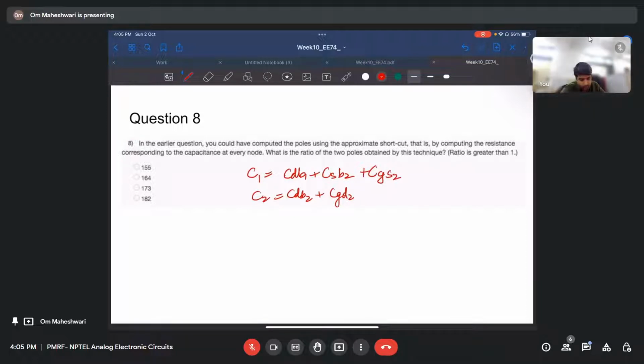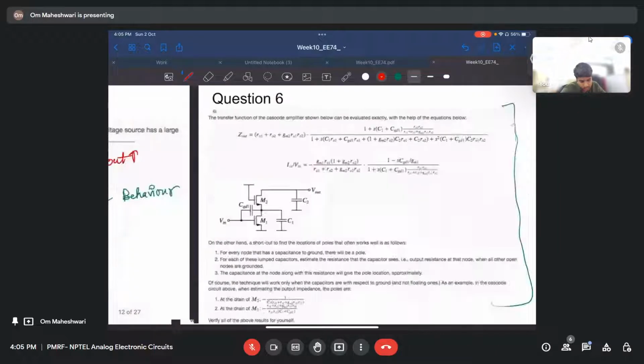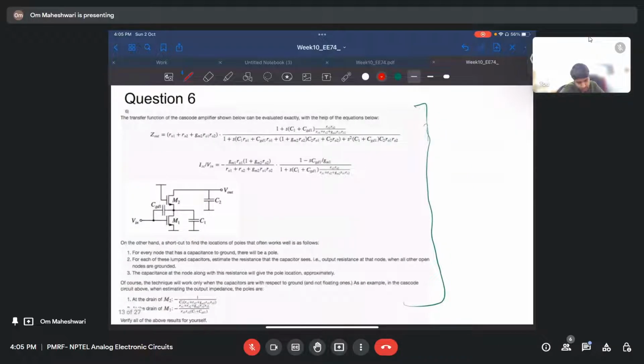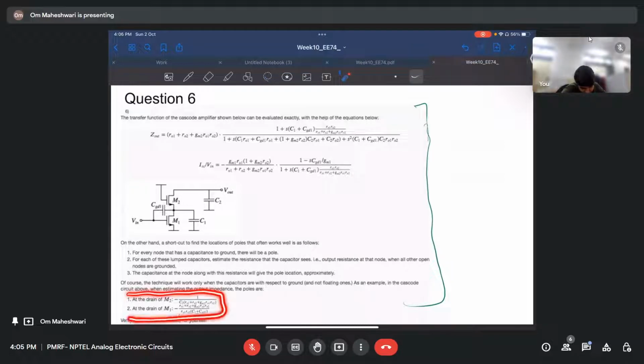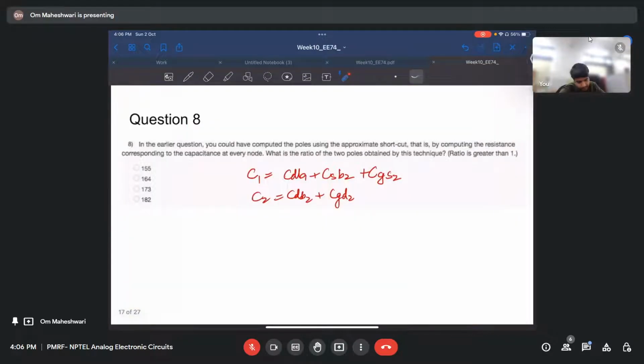And you just have to use these formulas that are given in this. I don't know if they are visible, but these are the formulas of the poles. So you just put these values. I'll write them again.